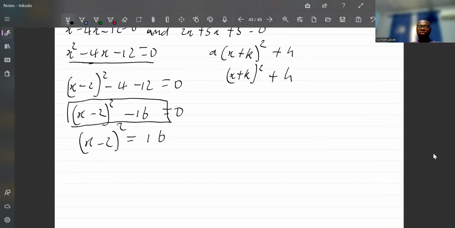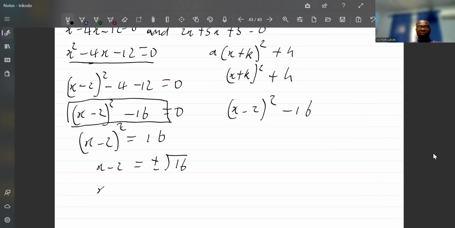And what is that vertex form? x minus 2 squared minus 16. Once I get it here, I equate it to 0, which is what I did here. So from here, I can take the square root of both sides, and I'll have x minus 2 equals plus or minus the square root of 16. I square root both sides, and the square is gone from this side.